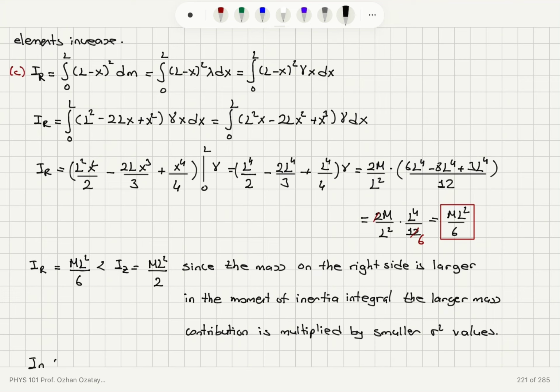In fact, when r is equal to 0 at the right end, which has the largest mass, we will have no contribution to the moment of inertia. Therefore, this result is expected. The moment of inertia should be less when the rotation axis is on the right-hand side.